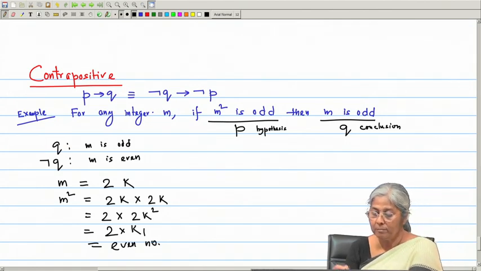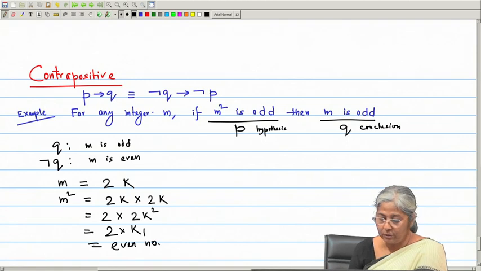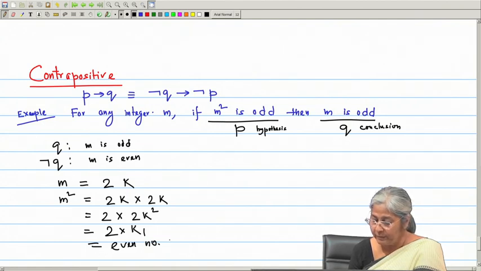So, what is this even number? Our hypothesis was m square is odd, and we are getting m square is even, that means it is negation P, because P was m square is odd.